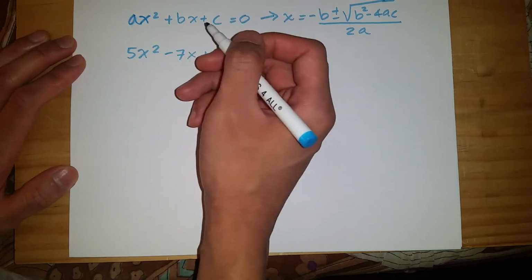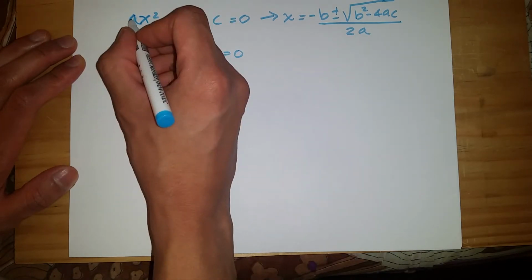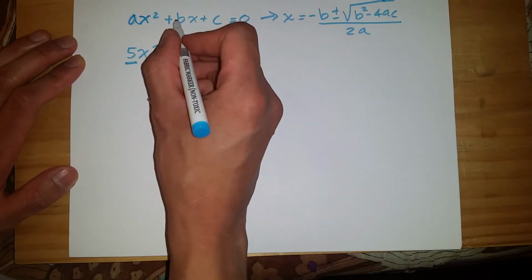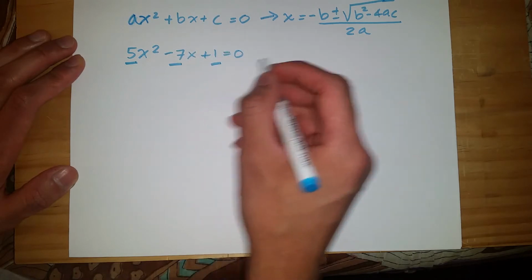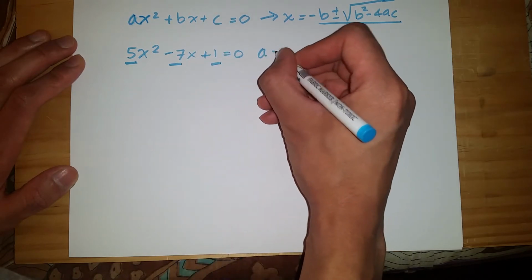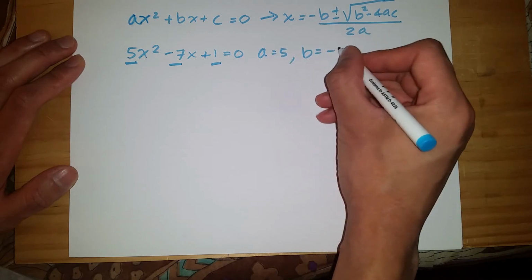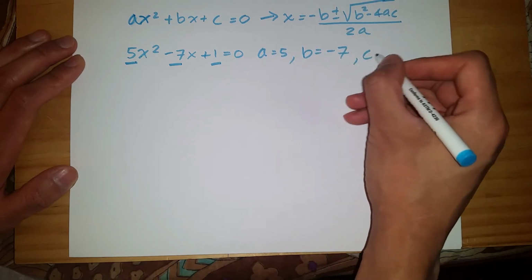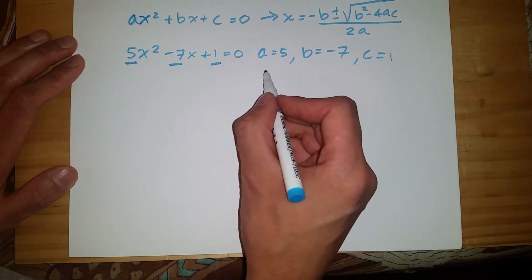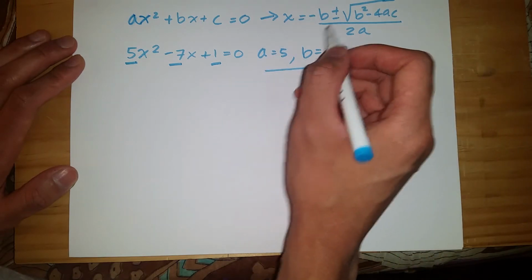So here, the 5 is A, -7 is B, and 1 is C. So A equals 5, B equals -7, and C is equal to 1. You just plug this into here.